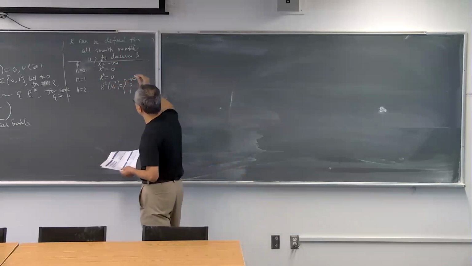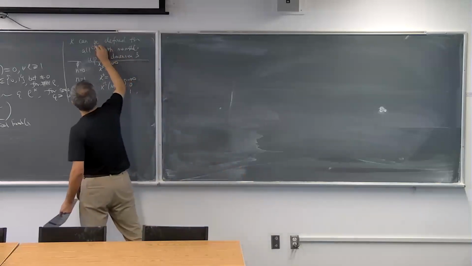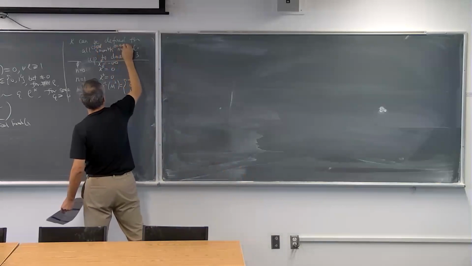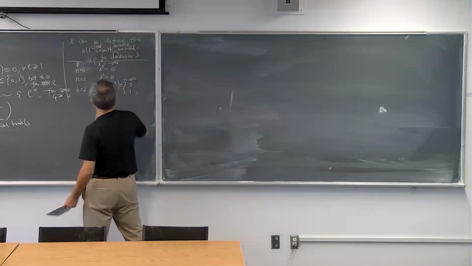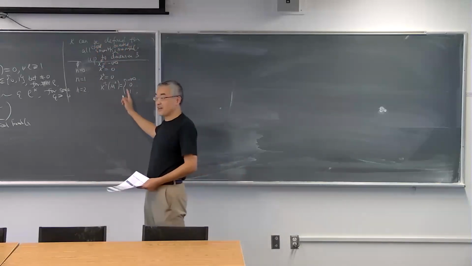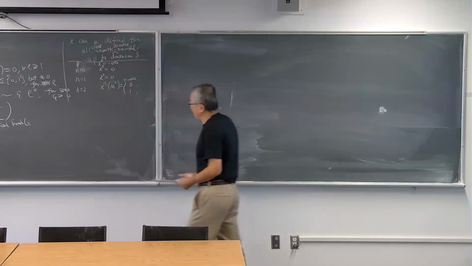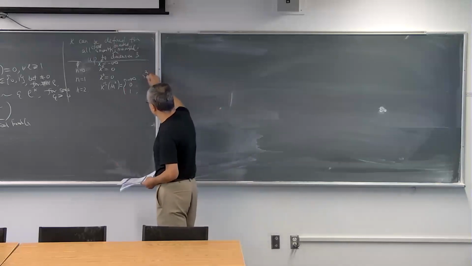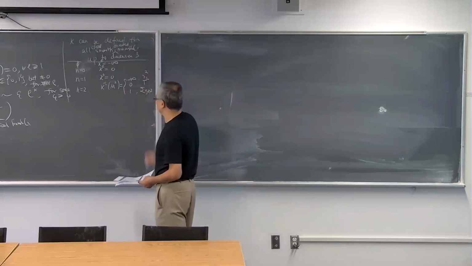This is for a closed, smooth, oriented manifold, though you can extend it to a non-oriented manifold using covering. Right now let's focus on the oriented case. This is just like S2, T2, and sigma g, g greater than 1.